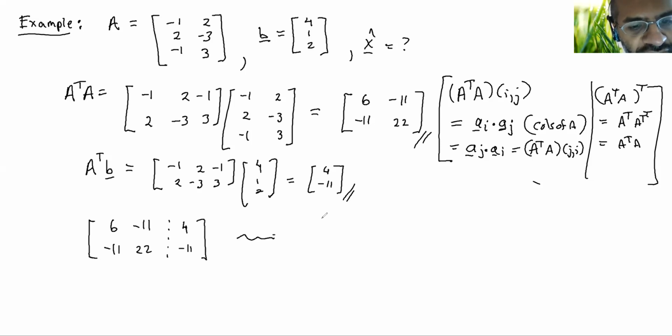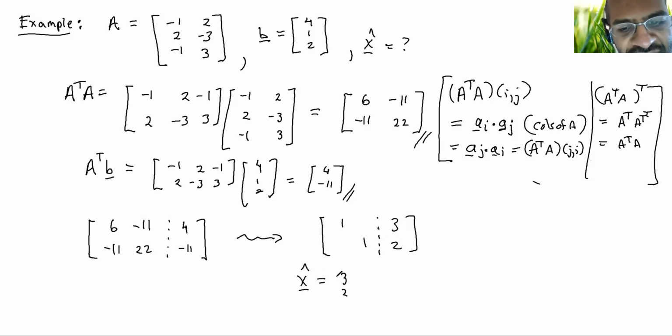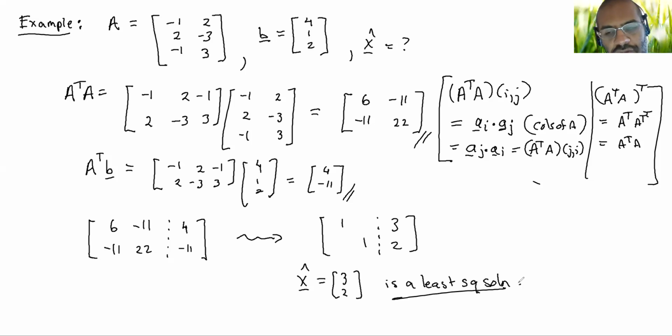And if you row reduce this, you get 3, 2. And so what this is telling you is that x hat equals 3, 2 is a least squares solution. Okay. So that's what I mean by the normal equations.